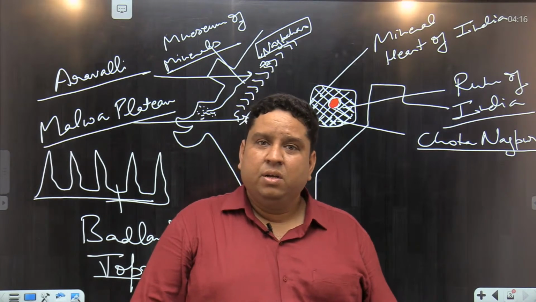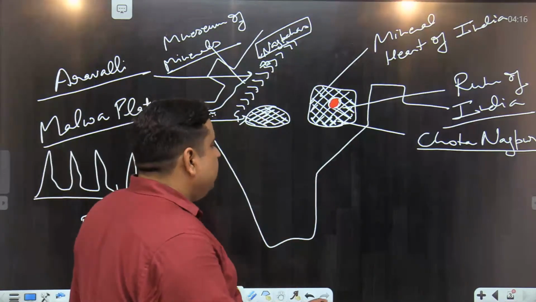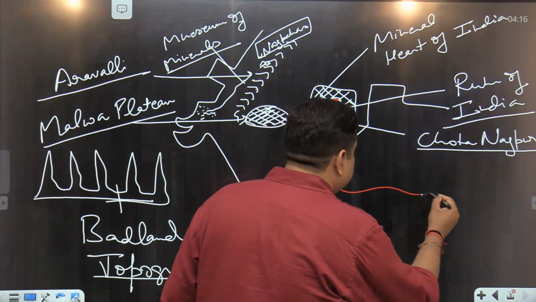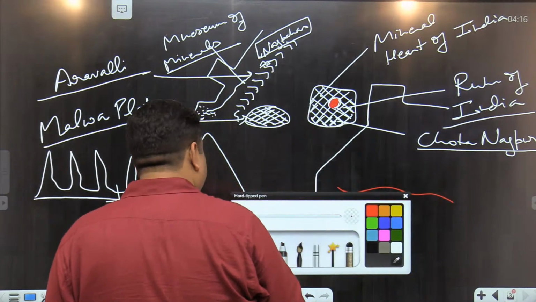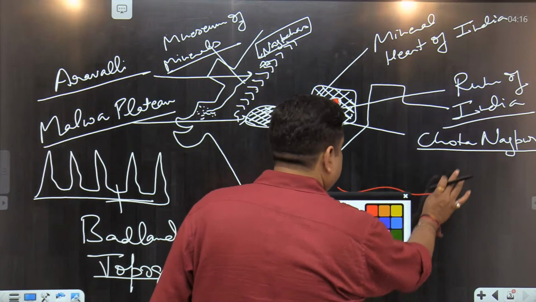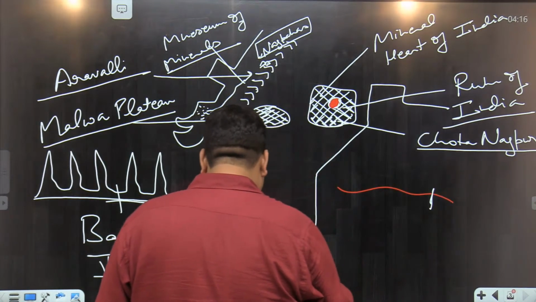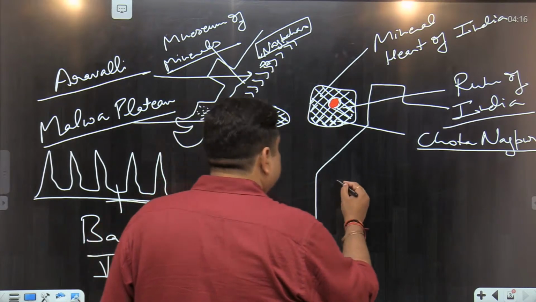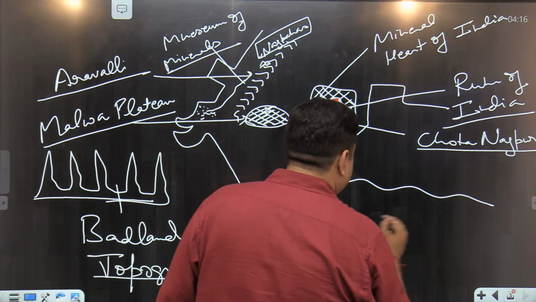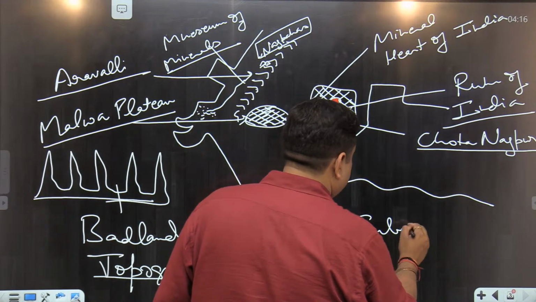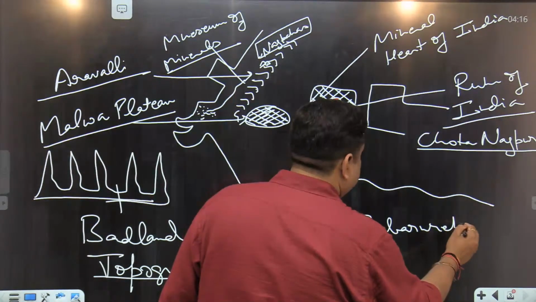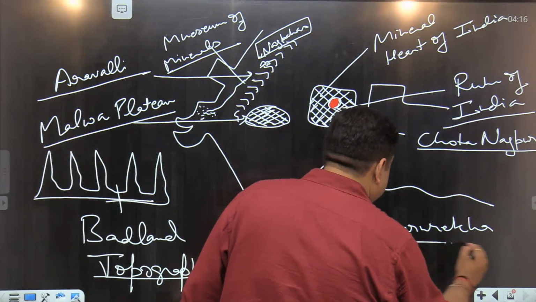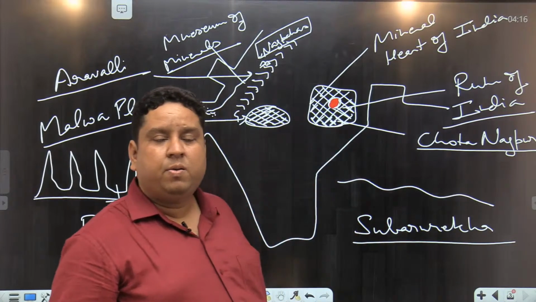The second thing is that the iron and steel industry requires a sustained supply of water. This region is drained by the Suvarnrekha river.